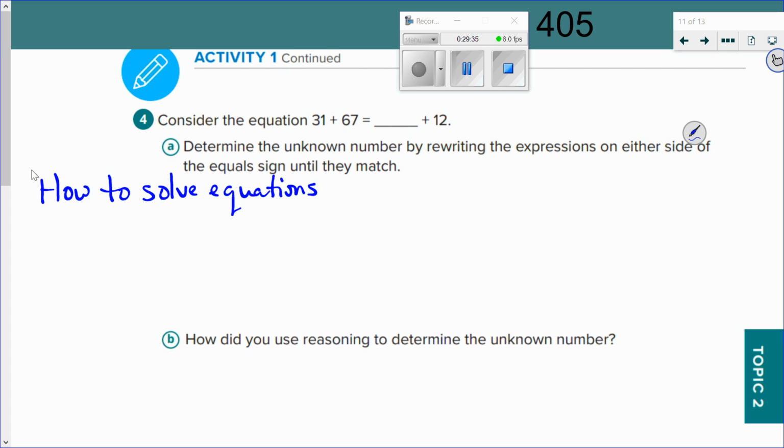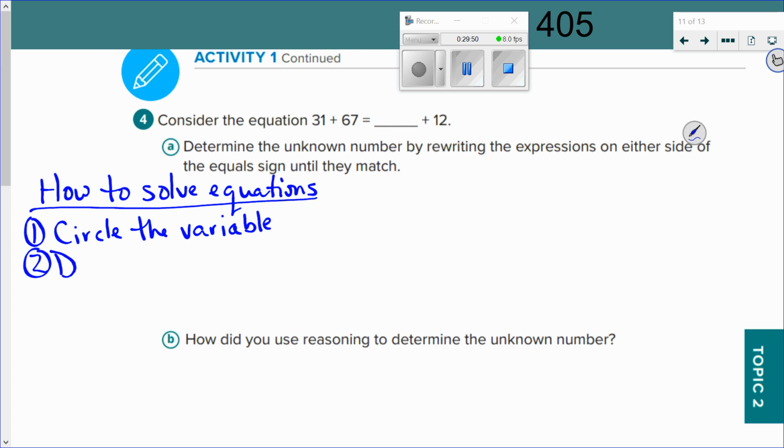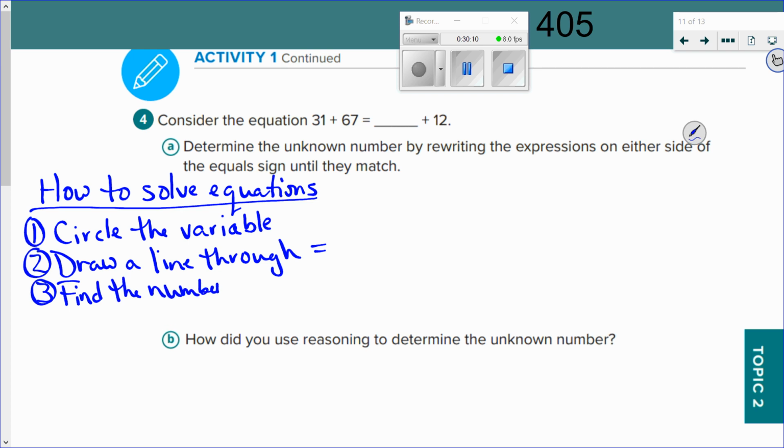We're on page 405. Step 1: circle the variable. Step 2: draw a line through the equal sign. Step 3: find the number with the variable.